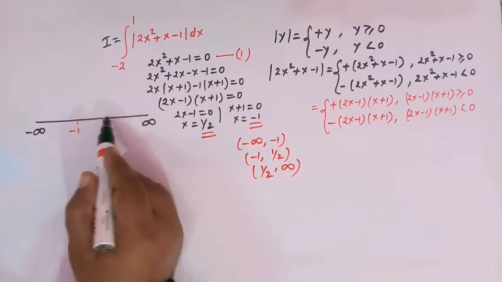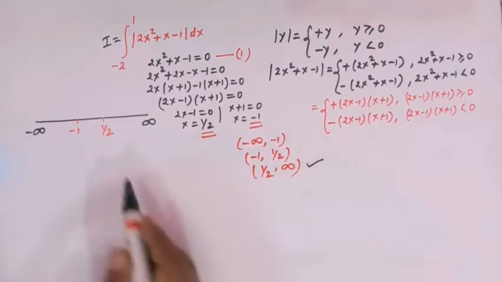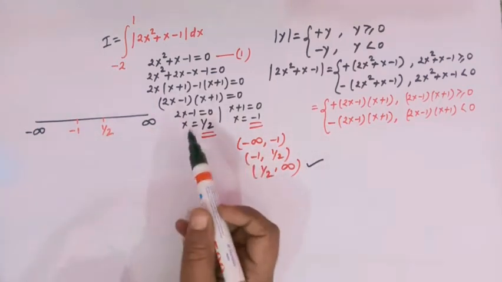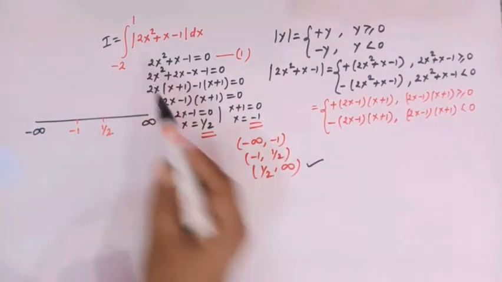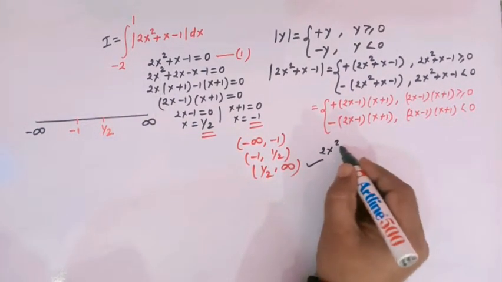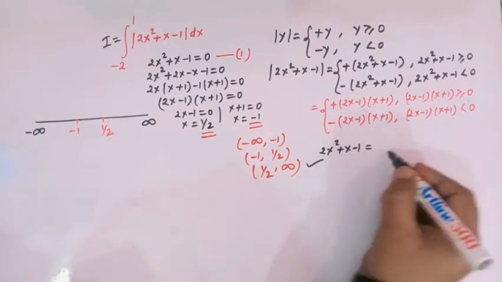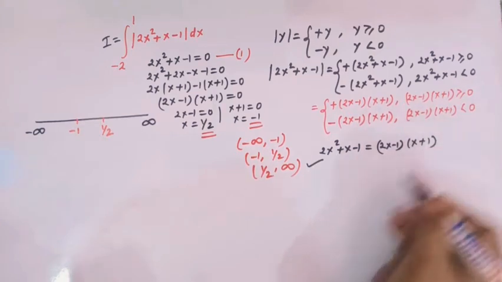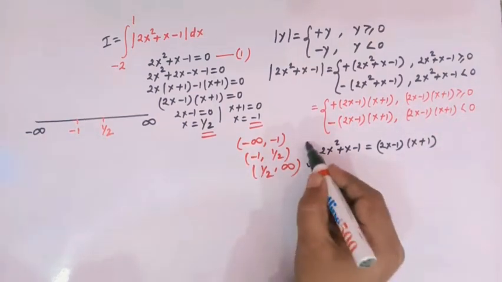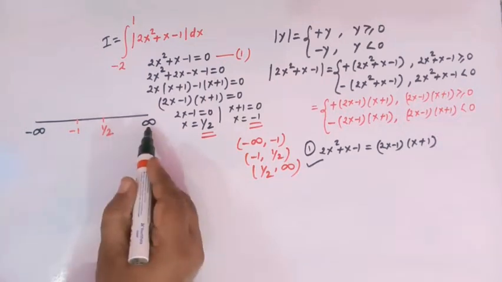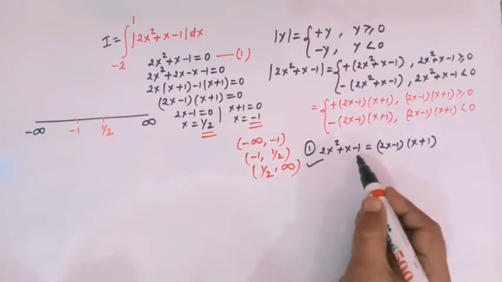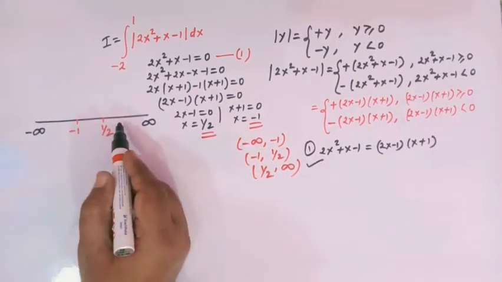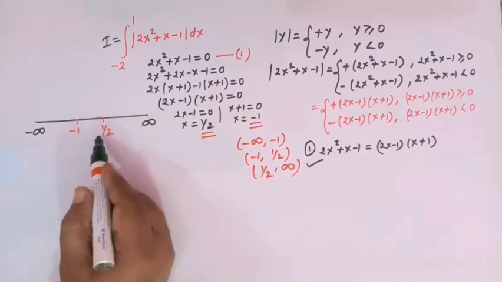Whenever x lies in the interval 1/2 to infinity, let us see the sign of this expression, 2x² + x − 1, which is (2x − 1)(x + 1). For example, let us take some value here.